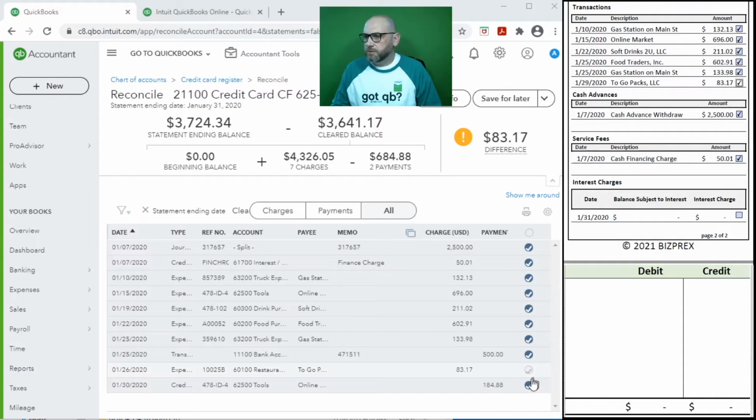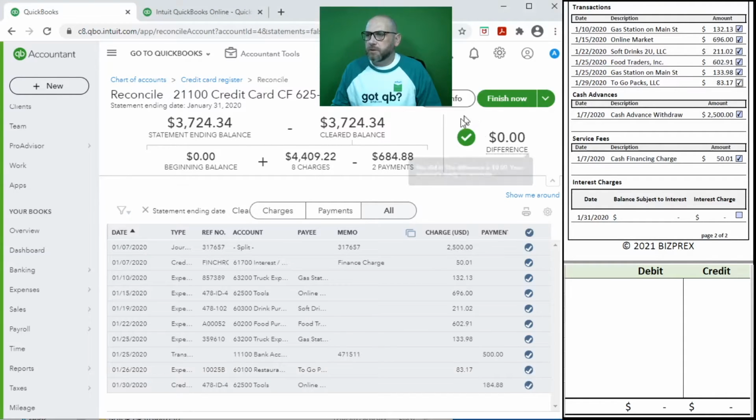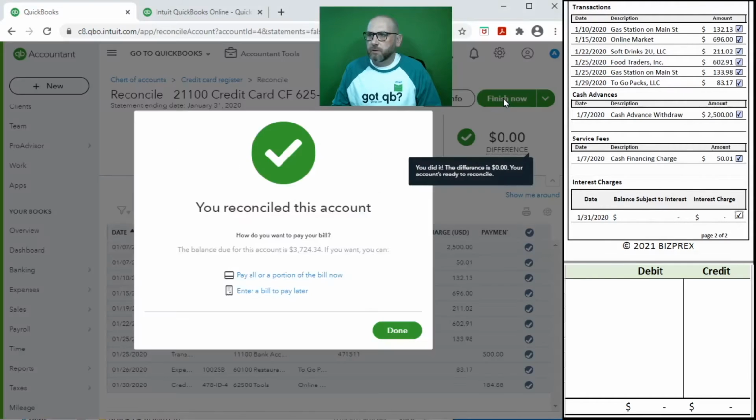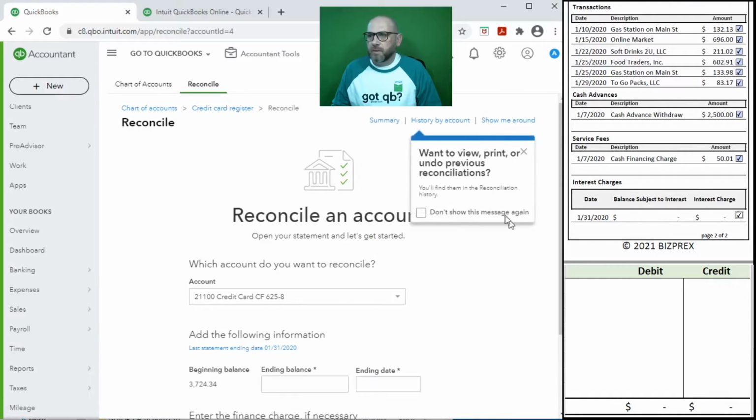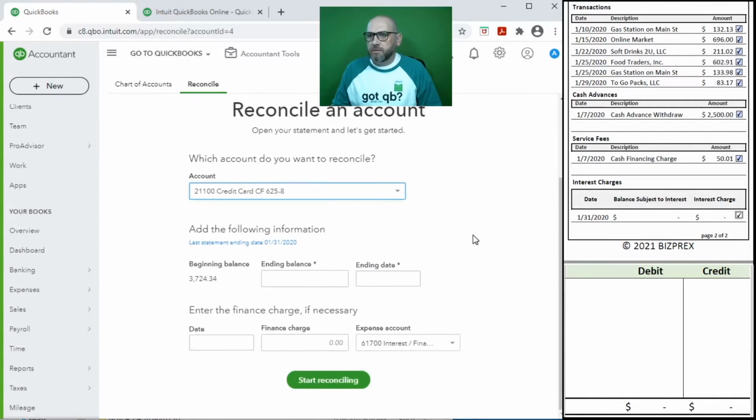And $83.17. So here it is. Our difference is 0, which means we successfully reconciled this account. We don't have anything here, so let's check mark it and finish it now. We're not going to do any of that. We're done reconciling and we're done. And here it is.